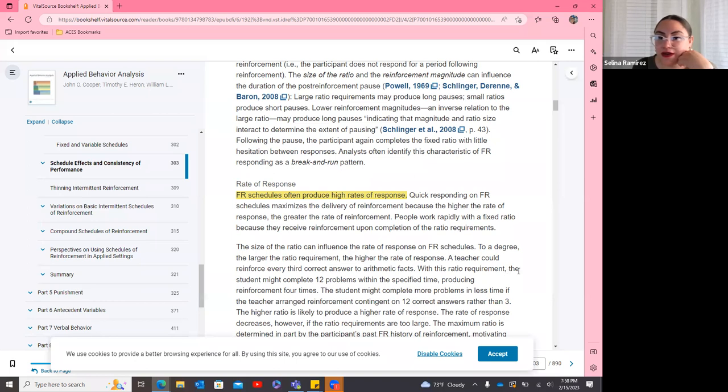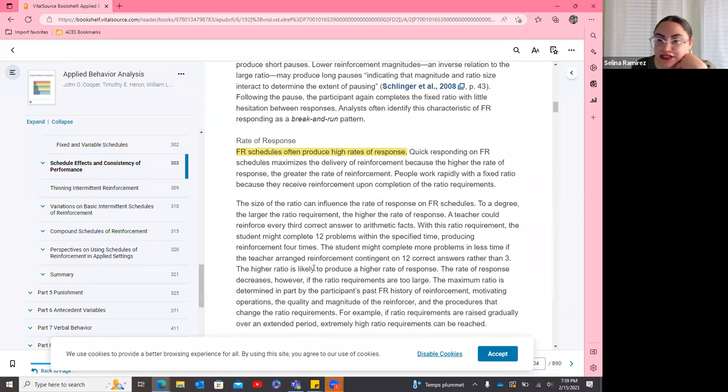With this ratio requirement, the student might complete 12 problems within the specified time, producing reinforcement 4 times. The student might complete more problems in less time if the teacher arranged reinforcement contingent on 12 correct answers rather than 3. The higher ratio is likely to produce a higher rate of response.